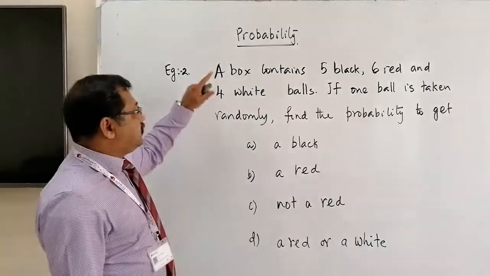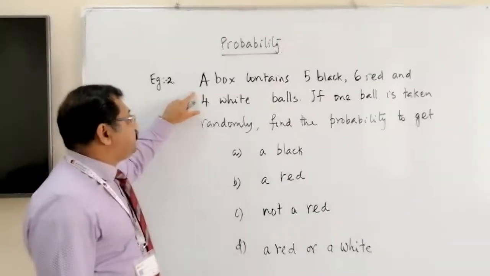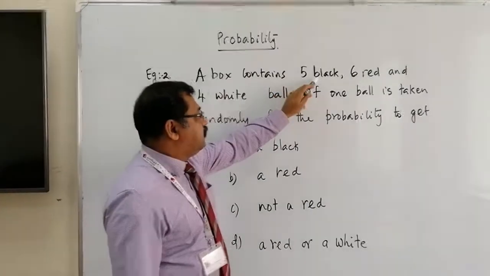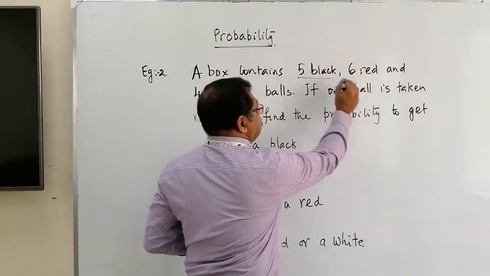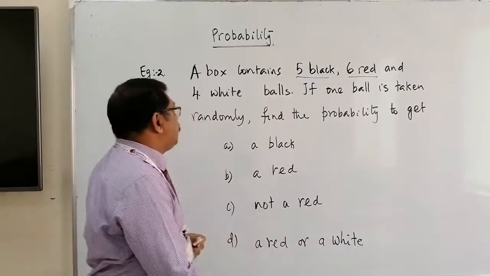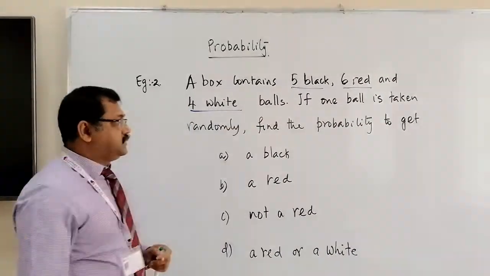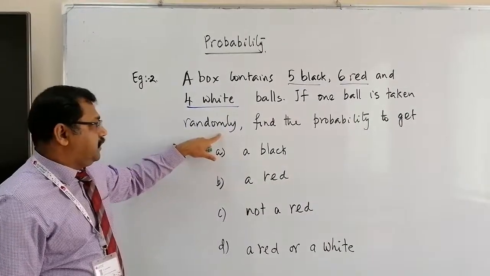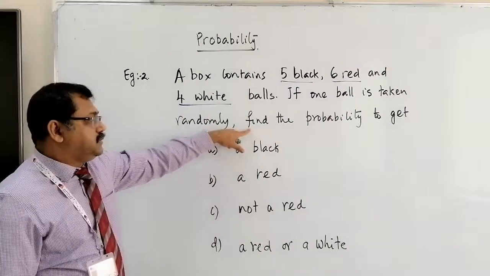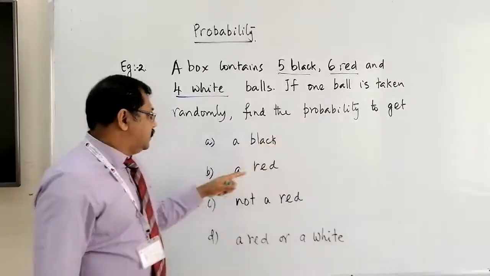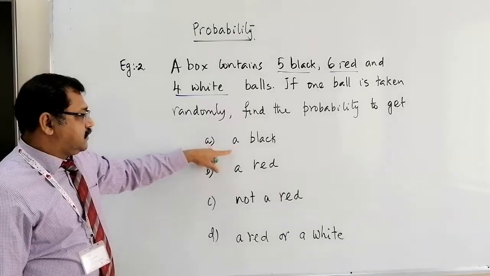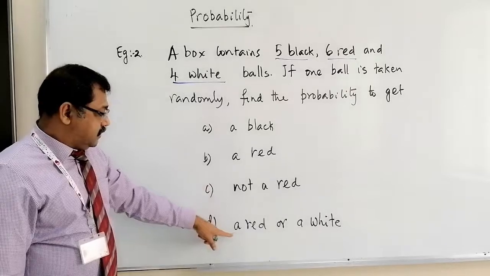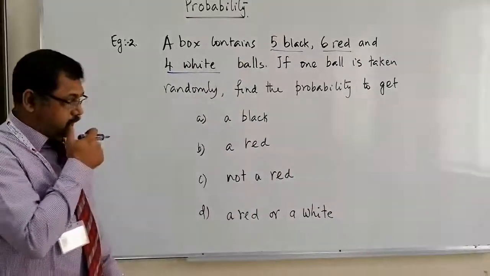Hi students, look at another example for probability. Here a box contains 5 black, 6 red and 4 white balls. If one ball is taken randomly, find the probability to get a black; second question, a red; third one, not a red; and a red or a white.